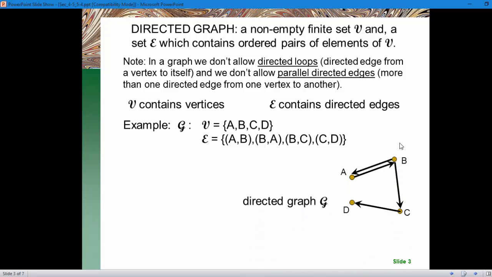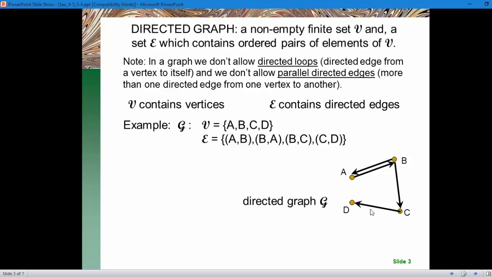So here's a diagram. Because we consider directed edges, we use arrows to indicate that. So here is the edge AB, A to B, and then also the edge from B to A. Notice that there are no edges C to B. There's one edge from B to C. So this is very important.